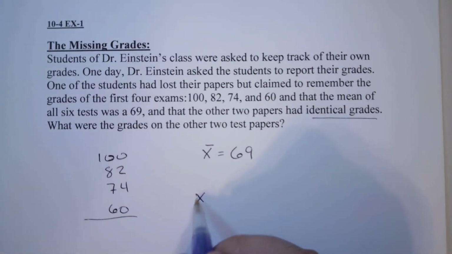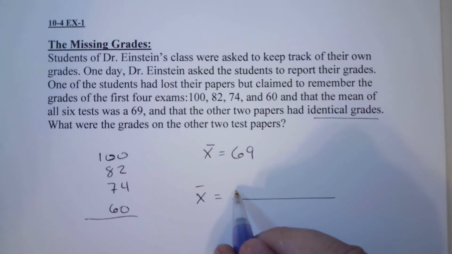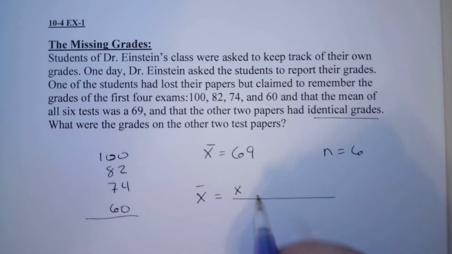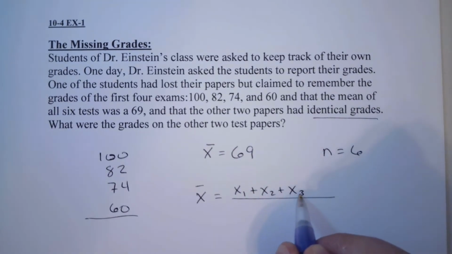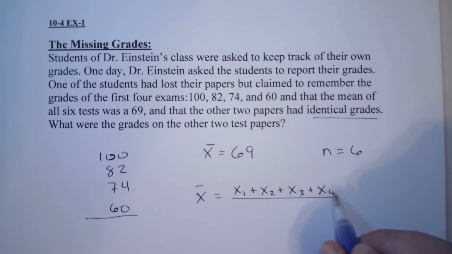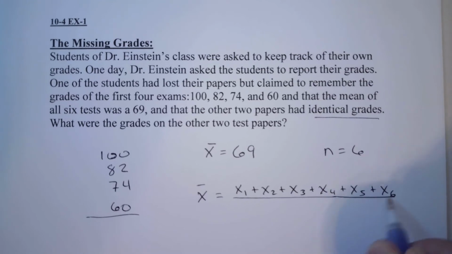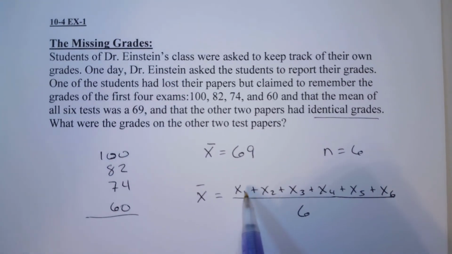So remember, the formula for the mean, when we have 6 grades, is x1 plus x2 plus x3 plus x4 plus x5 plus x6 over 6. Remember, the subscript tells us which grade.